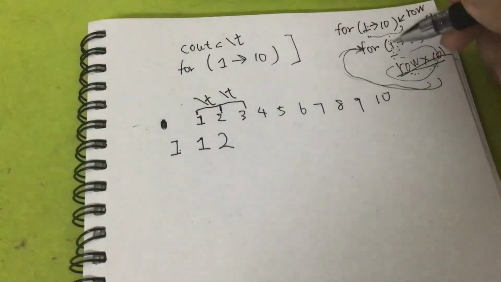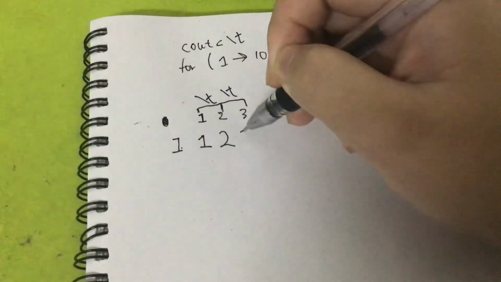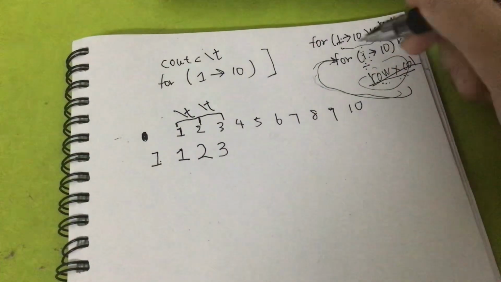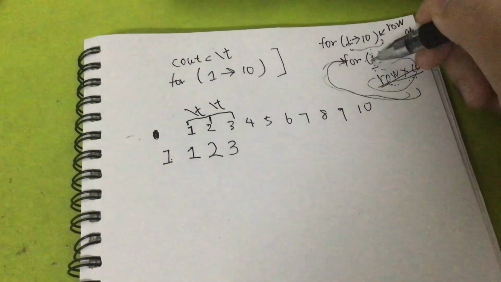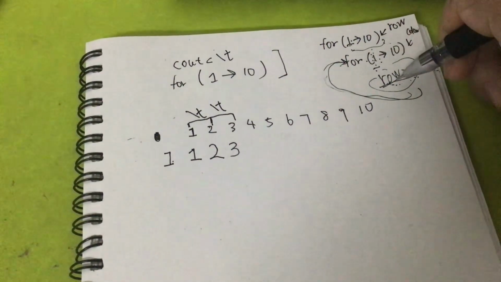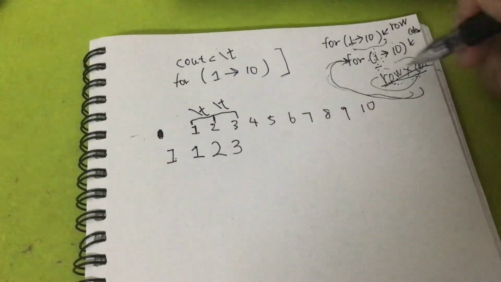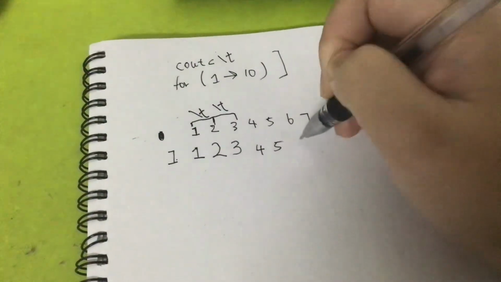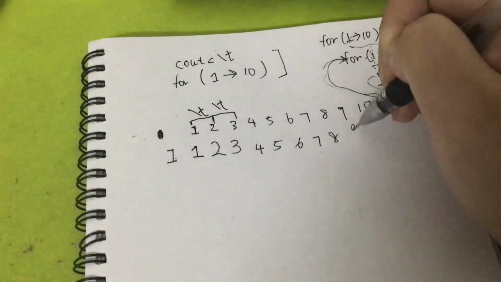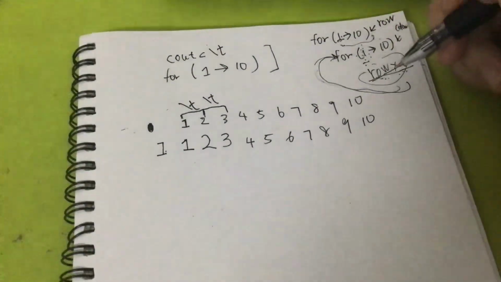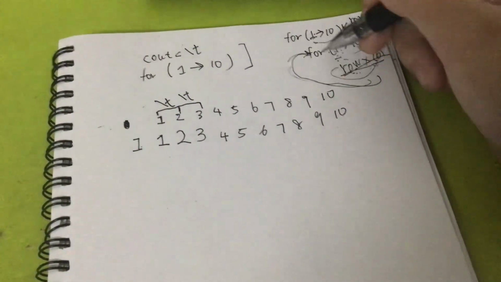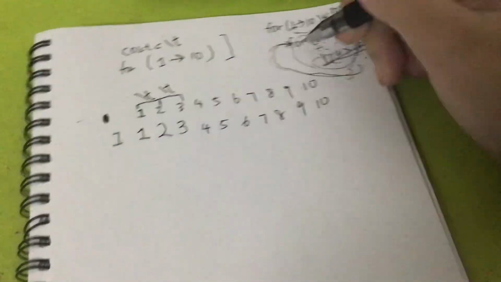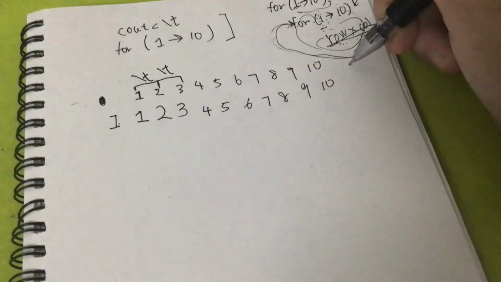At this time this is 3, and then come back again, and at this time it is 4, and execute row times column, which is 1 times 4, so 4. So we're going to finish this one, up to 9, 10.